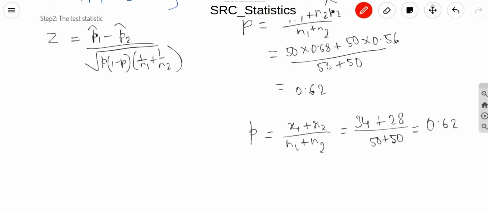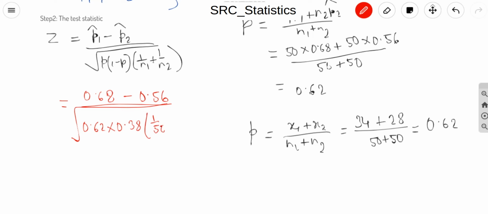Now we put all the values in the Z statistic formula. 0.68 is our first sample proportion, 0.56 is the second sample proportion, divided by the square root of 0.62 multiplied by 1 minus P, that is 0.38, multiplied by 1 by 50 plus 1 by 50.